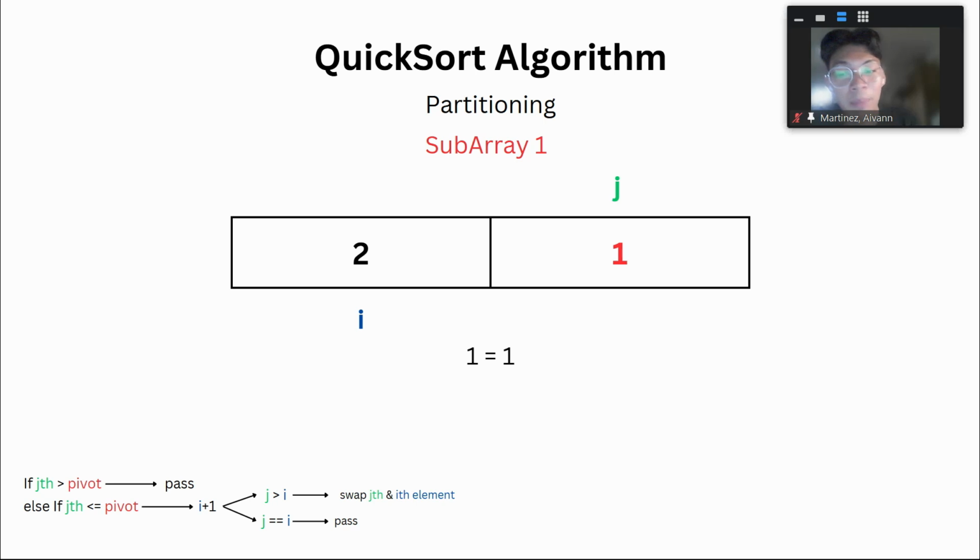No, because our jth element and our pivot element are equal. So since they are equal, we have to iterate i. Notice here that i now is equal to 0 and j is equal to 1. So after iterating i, we have to ask again, is j greater than i? Since 1 is greater than 0, we have to swap the elements.